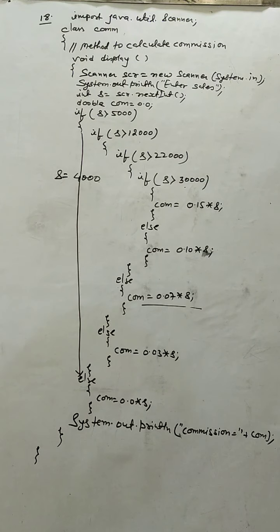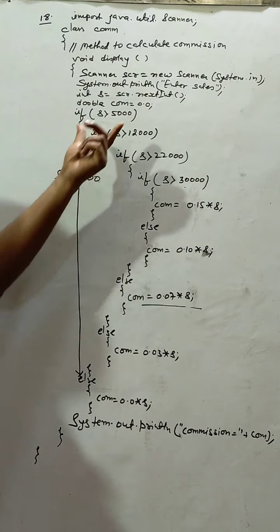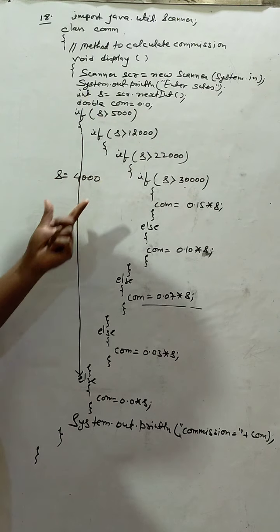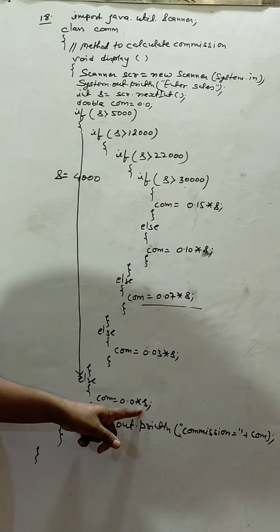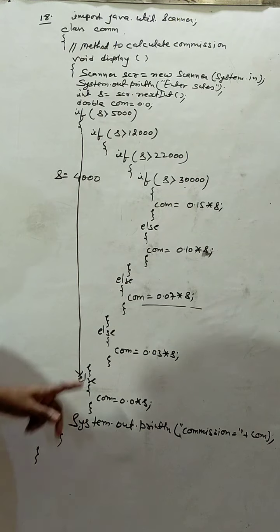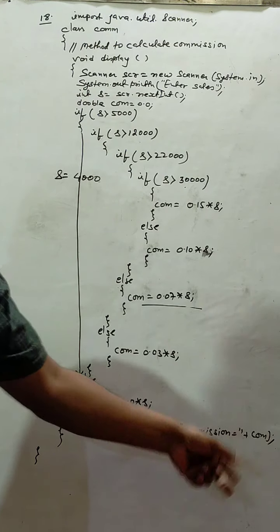That is, 0 will be calculated. In the question, if sales is 0 to 5,000, the commission rate is 0%. That means if his sales is below 5,000, his commission is 0% of sale, and it will print commission equals 0.